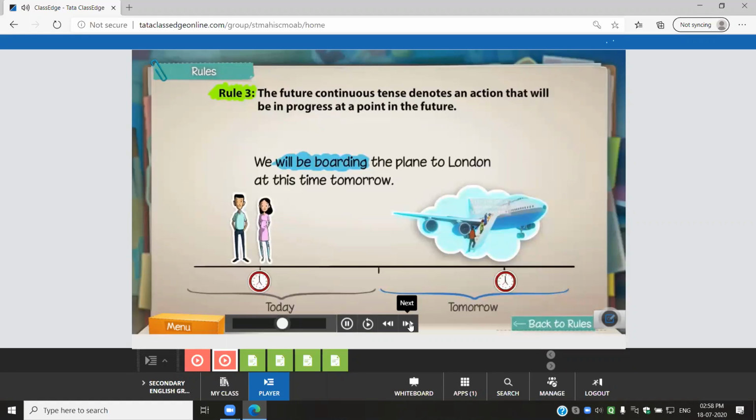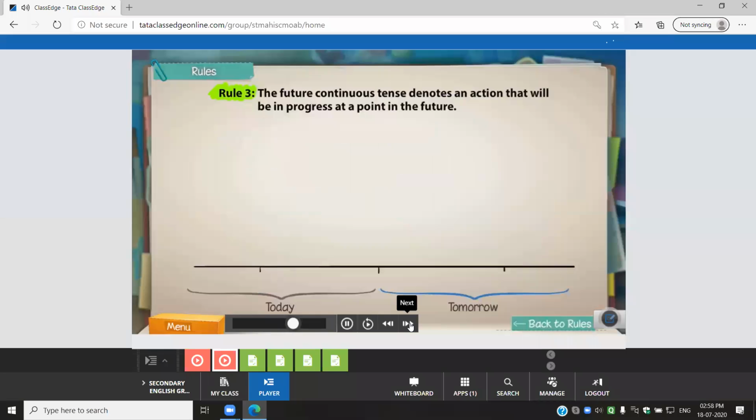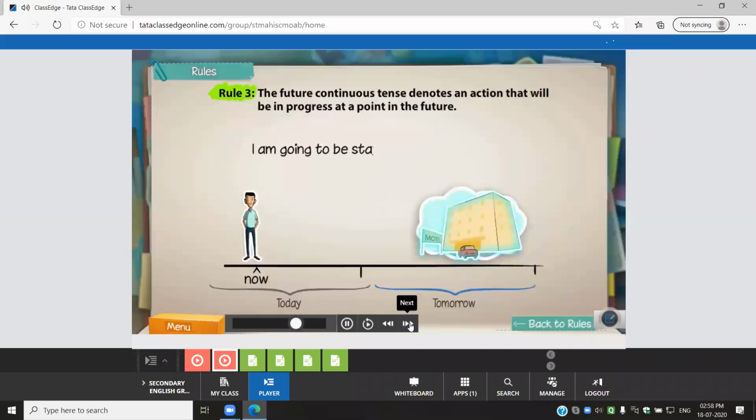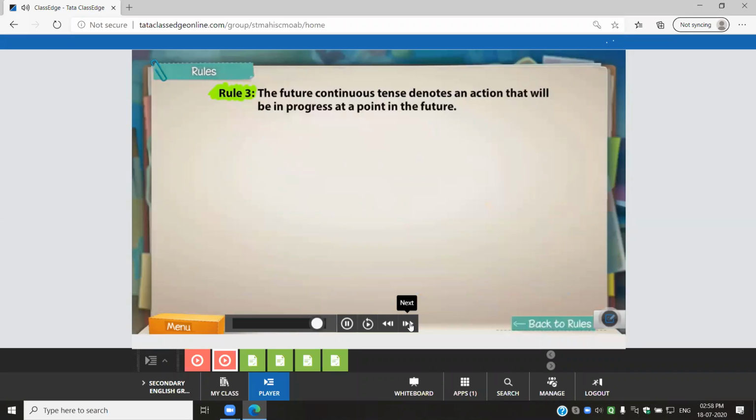It is formed by adding will be to the ing form of the verb. The future continuous tense can also be formed by adding am, is, or are, and going to be to the ing form of a verb. Here are some more examples of the future continuous tense.